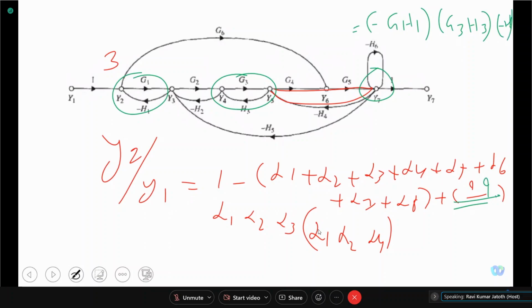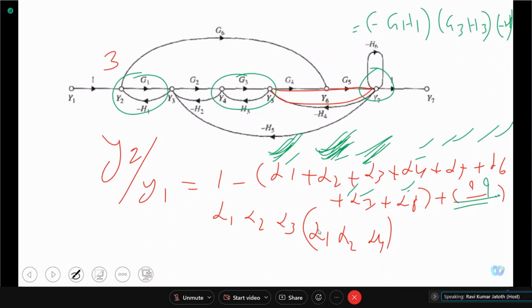So like that, check L1, L2, L3, L1, L2, L4, L1, L2, L5, L1, L2, L6, L1, L2, L7, L1, L2, L8. Then L2, L3, L4, L2, L3, L5, L2, L3, L6, L2, L3, L7, L2, L3, L8.